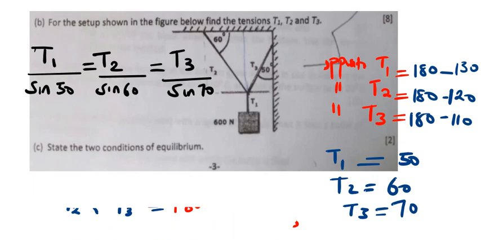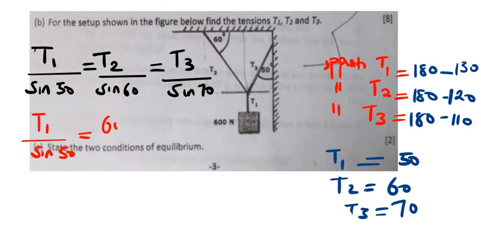They are supposed to be all equal for us to achieve that equilibrium. So now what do we have? If I want to find T1, T1 over sine 50 equals T3, which is 600 newtons, over sine 70. Now if I solve those, what am I going to have?